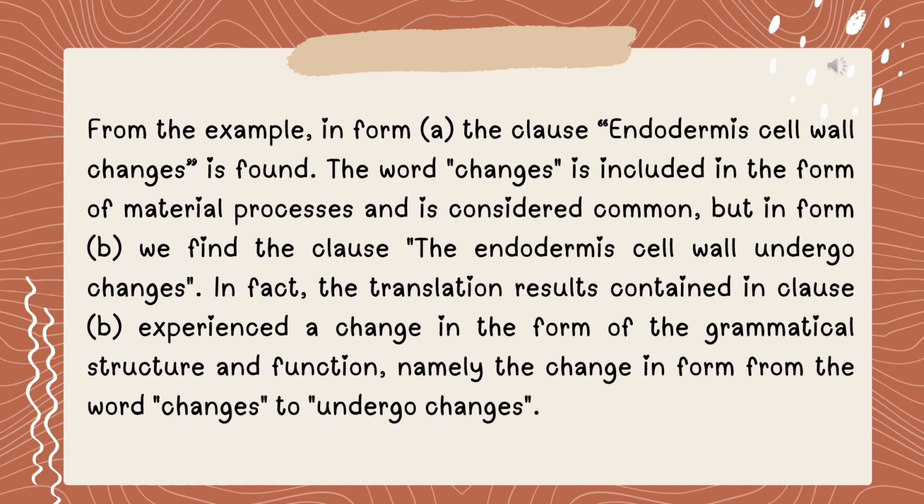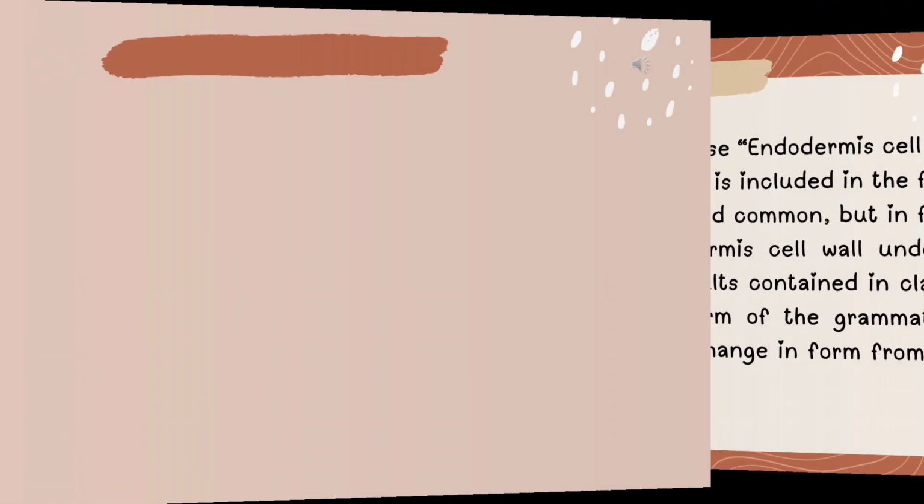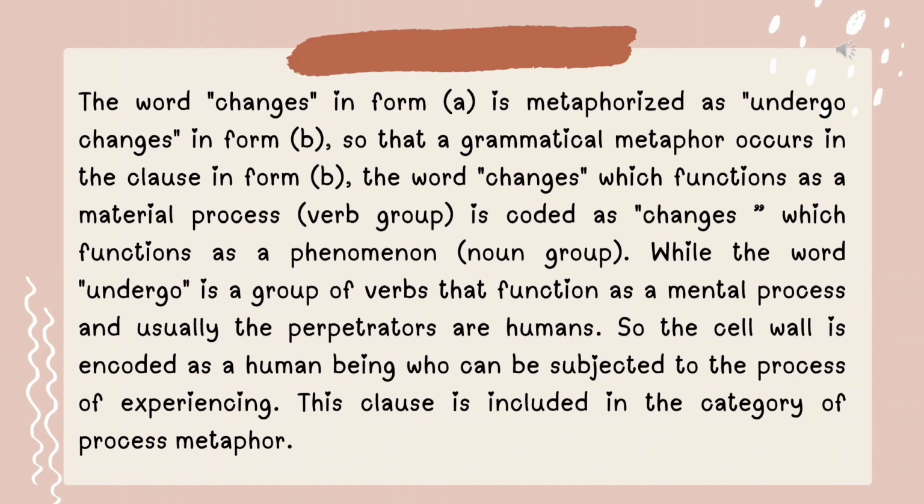The clause in form B experiences a change in the form of grammatical structure and function, namely from the word change to undergo change. The word change in form A is metaphorized as undergo change in form B. So grammatical metaphor occurs in the clause in form B.